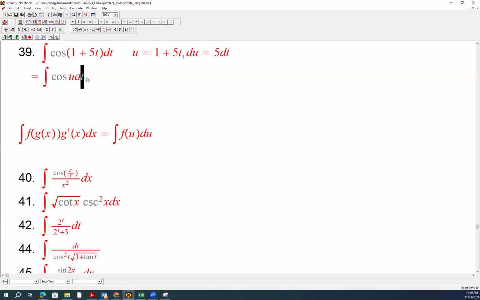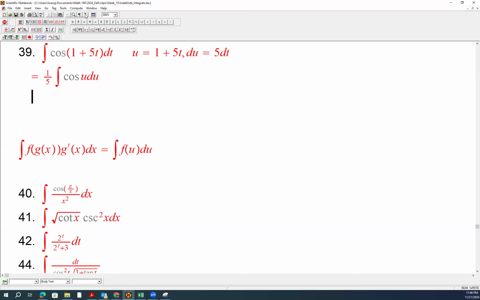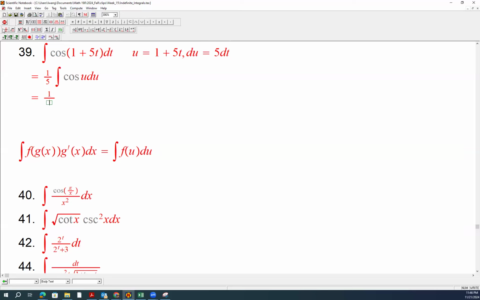So replace dt by du. We generate a constant 1/5. And then we're almost done. It equals 1/5 sine u, right? The antiderivative of sine u is negative cosine u plus a constant, right?